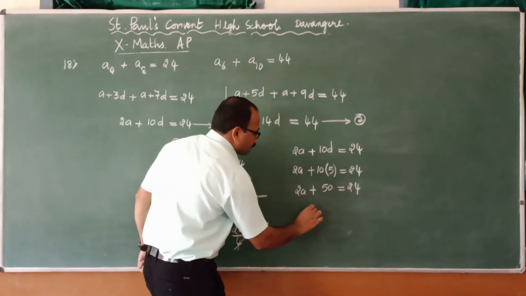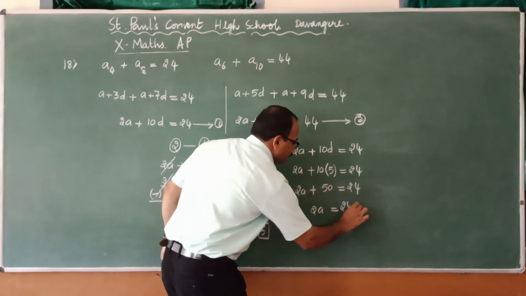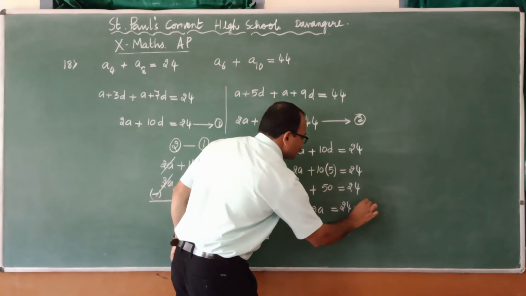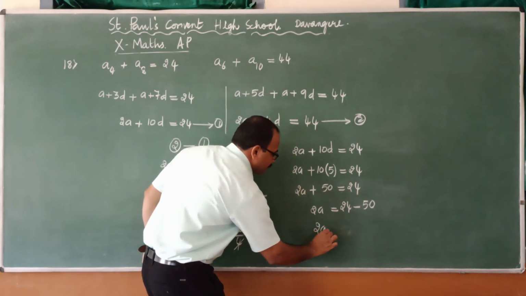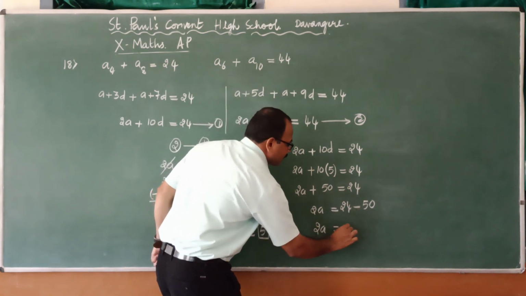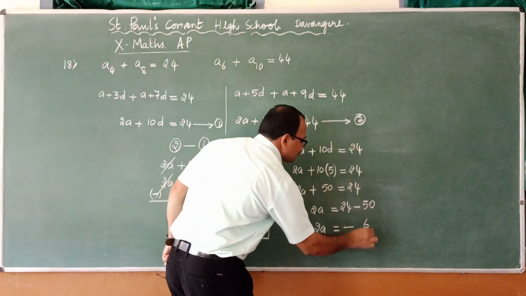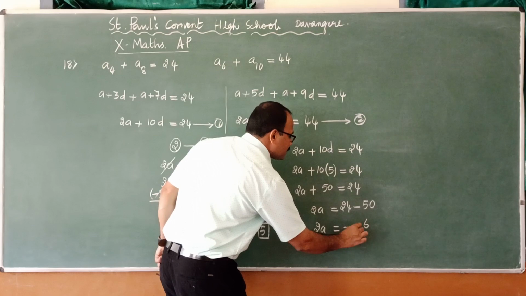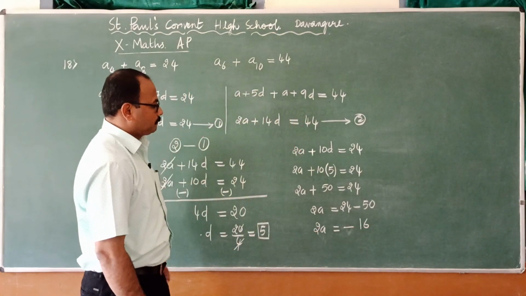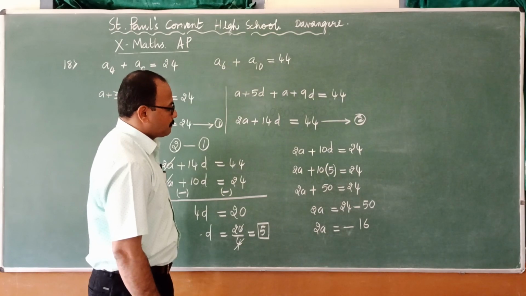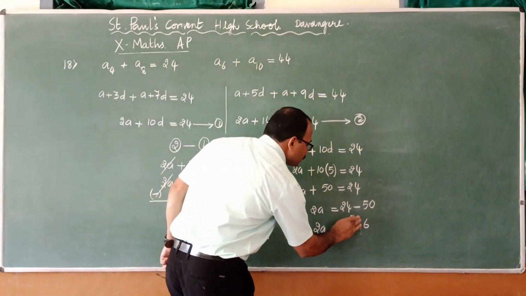Therefore, transposing, 2a will be equal to 24 minus 50. The greater number's sign applies, so it is minus. 50 minus 24 becomes 26. So 2a is equal to minus 26.